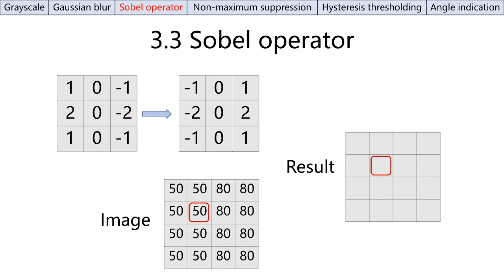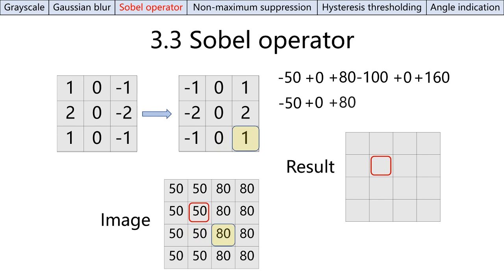Imagine putting the kernel above the image and multiplying the corresponding values. -1 multiplied by 50, plus 0 multiplied by 50, plus 1 multiplied by 80, and so on. 120 is the result.